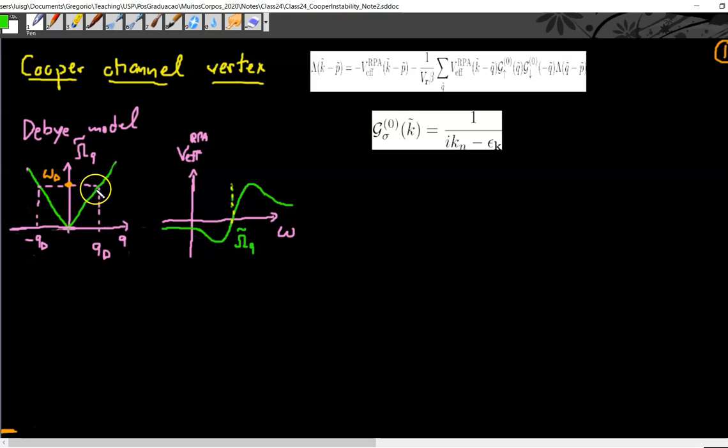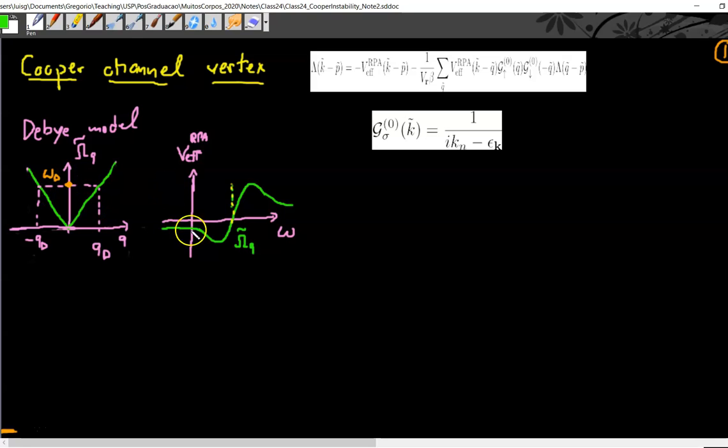So even though omega cubed might be here, the contribution from frequencies around omega Debye will be much larger than this.